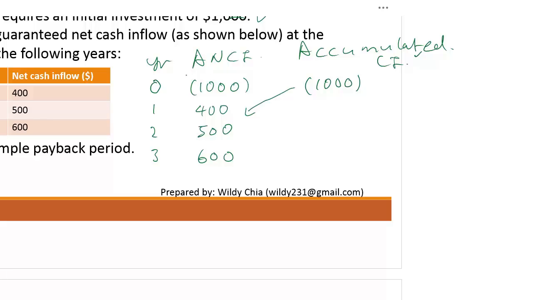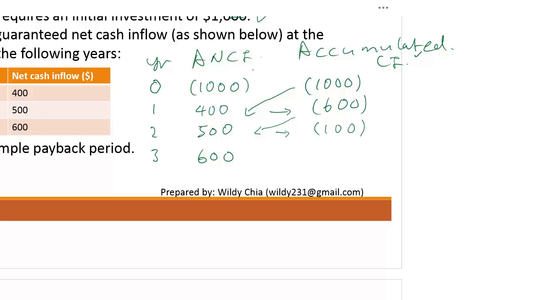So negative 1,000 plus 400 gets you a negative 600. But negative 600 means that I have not recovered my investment cost. So we go on one more year. Negative 600, and then by the time I come to end of year 2, I get 500. Negative 600 plus 500, I'll still end up with a negative 100 of accumulated cash flow.